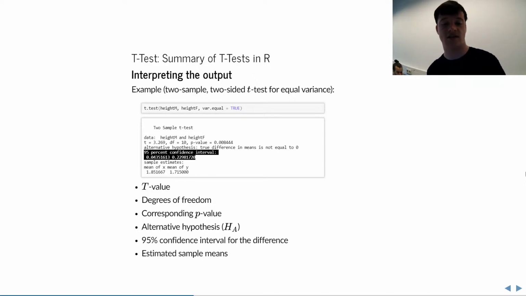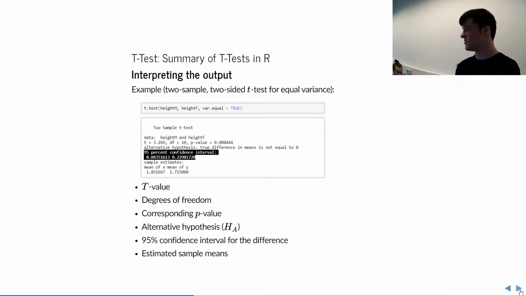In this case, it says that there is a difference between 4 and 23 centimeters. And that's much more informative than just this one value, because not only is the actual difference inside this confidence interval, but it also gives you an idea of, okay, I'm not quite sure what the difference is, but it should be between these values.